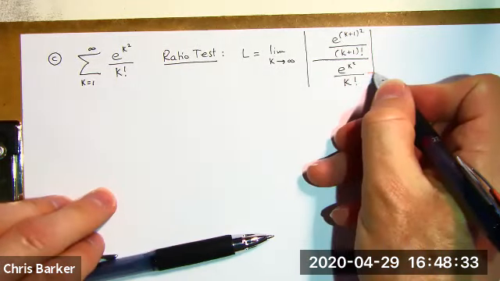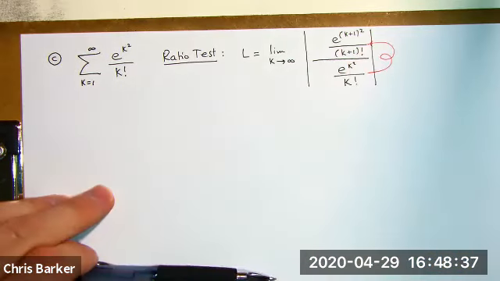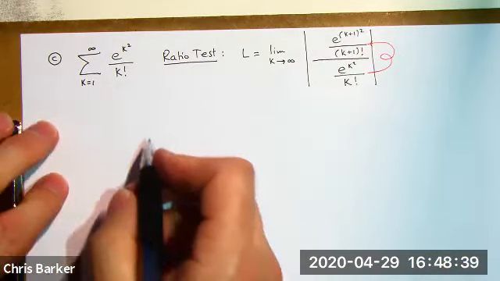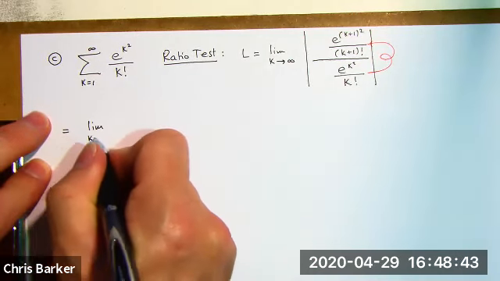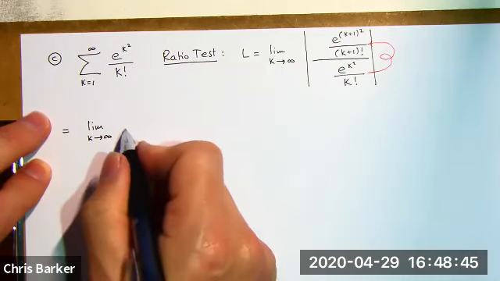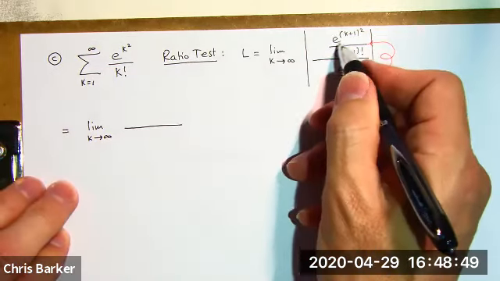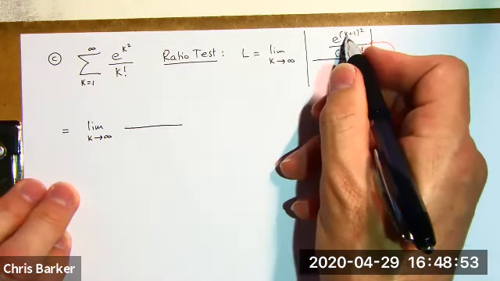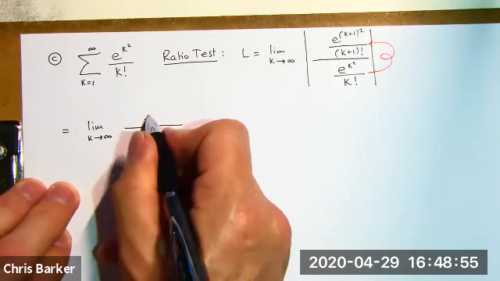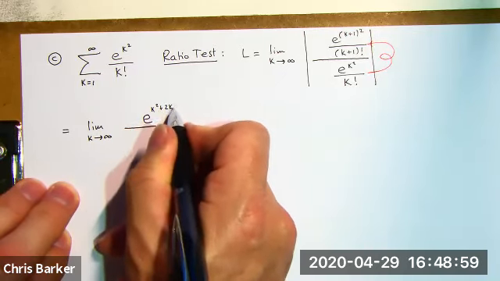Let's take the bottom, flip it over, multiply by the top. Invert and multiply. So I get the limit as k goes to infinity of, and I'm going to rewrite the exponent in its expanded form. So this would be e to the k squared plus 2k plus 1.